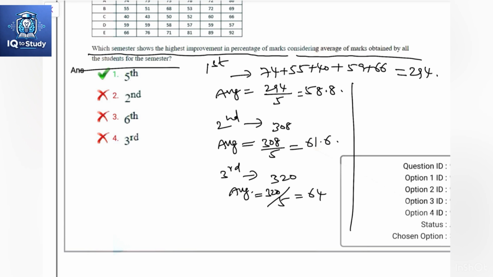And in the same way, fourth semester it is 321 and average is equal to 321 divided by 5, which is equal to 64.2.